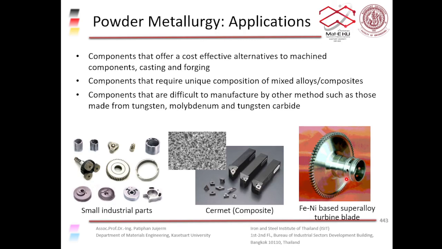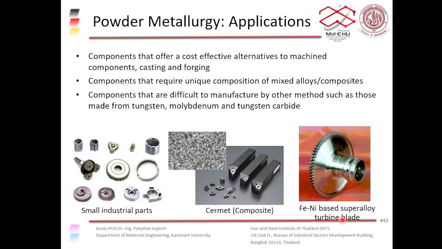So it is difficult to cast, and it is difficult to machine because of the high hardness, etc. So we use powder metallurgy to produce a near net shape component, like in this case, iron-nickel based superalloy turbine blades. It is made using powder metallurgy because this is a very high temperature resistant material, so it is difficult to cast.